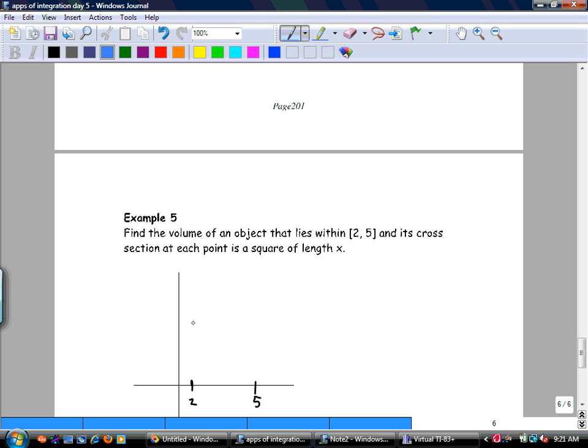So what we're saying is no matter what I draw here, the distance is always x. So you're just going to integrate from 2 to 5 of x squared dx.